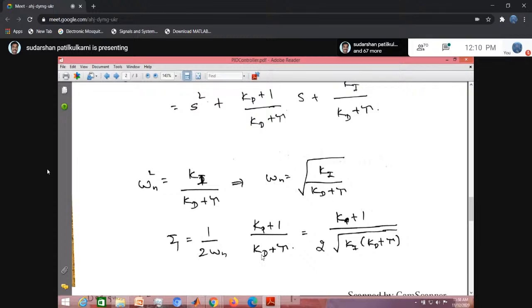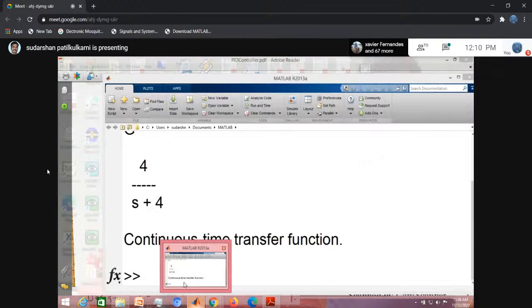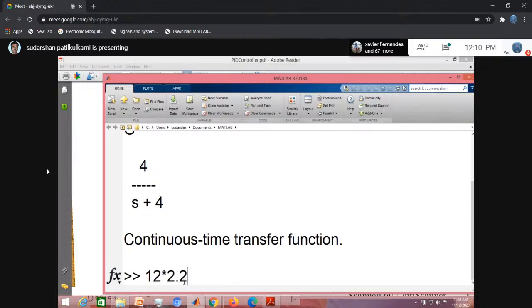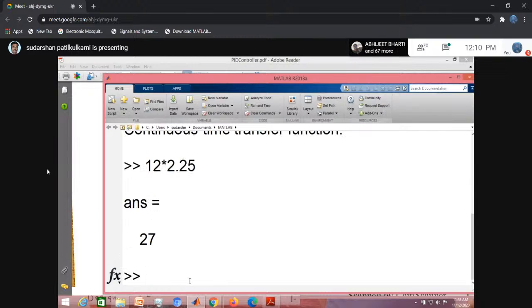This was 12. 12 into 2.25 is Kp plus 1, so Kp is 26.